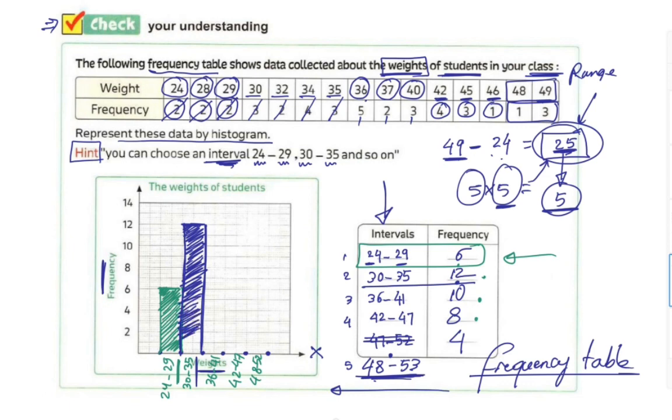Don't forget, there is no gap between columns or between rectangles. Third one, from 36 to 41. We have 10 frequency. Where is 10? From here. So I will draw this line and another line here, close the rectangle and hatch it.